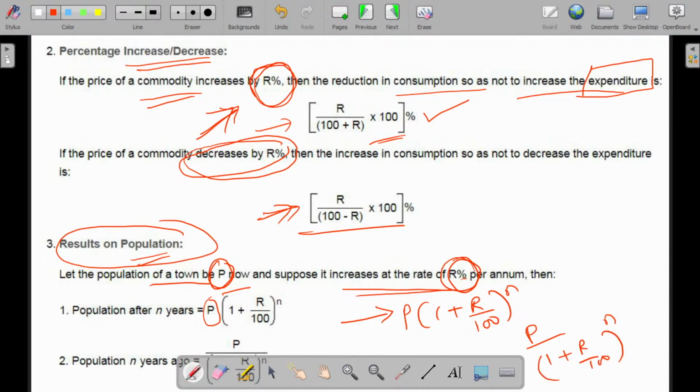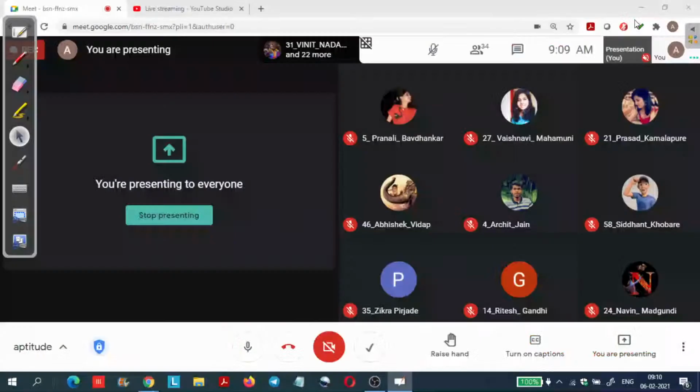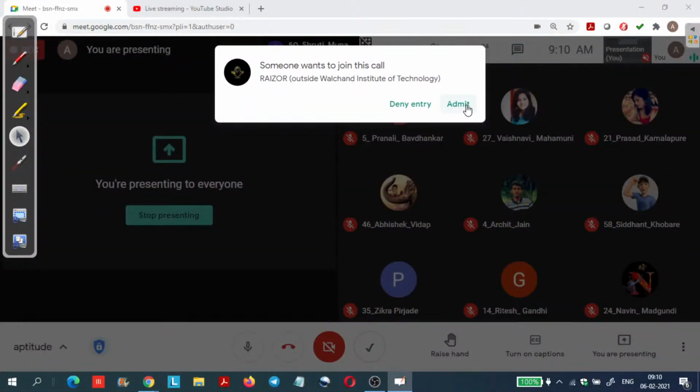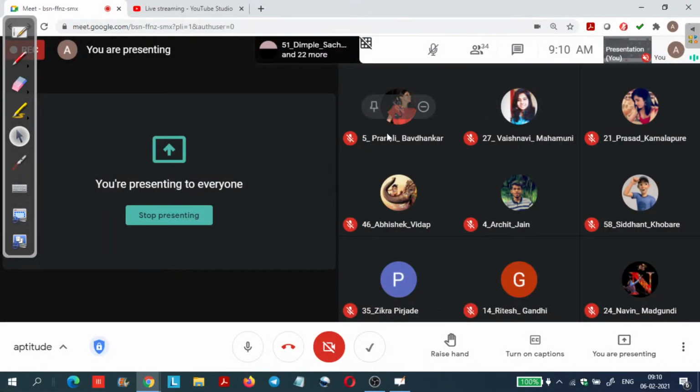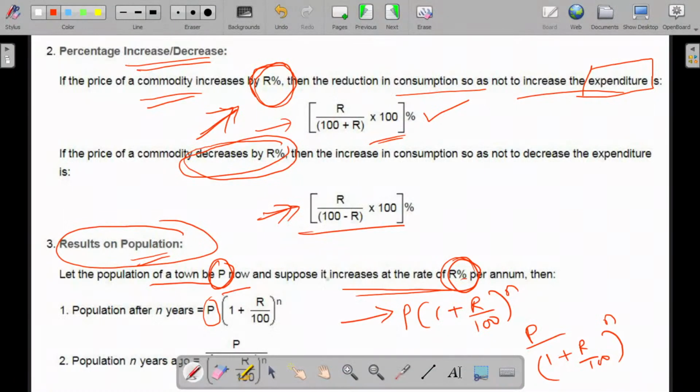So there are two cases: the population n years ago and the population after n years.